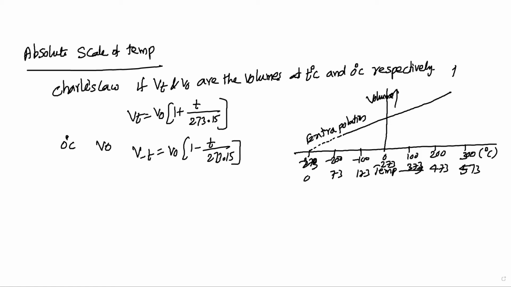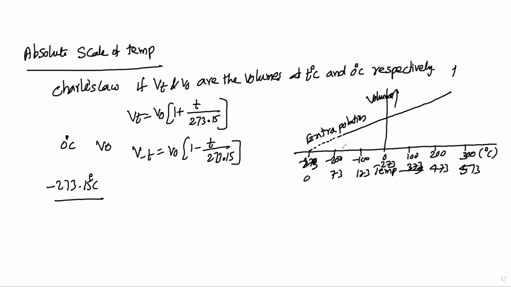Now the volume of the given mass against the temperature at a constant pressure: the graph is a straight line. If we extrapolate, the straight line meets the temperature axis at minus 273.15 degrees centigrade. Thus the gas occupies zero or no volume at minus 273.15, but which is meaningless.